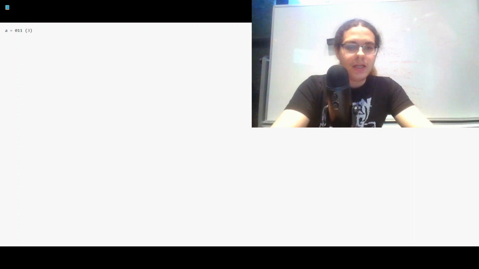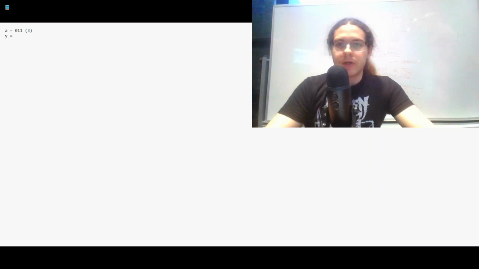So, for example, if we had our input signal A as 0, 1, 1, remember that in binary, that's 3. What we want Y to be is the same thing as A, except shifted over to the left by 2 bits. So 0, 1, 1, 0, 0.